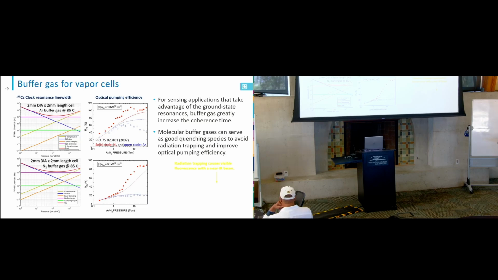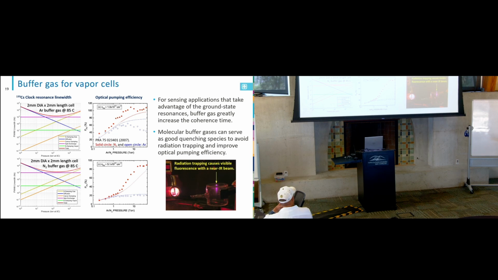The diatomic molecule has more internal energy states because it has vibrational and rotational states. Those states can actually absorb the energy of the excited atom and bring the atom back to the ground state without re-emitting photons. And using nitrogen can mitigate the problem of radiation trapping. And here's the picture of that.